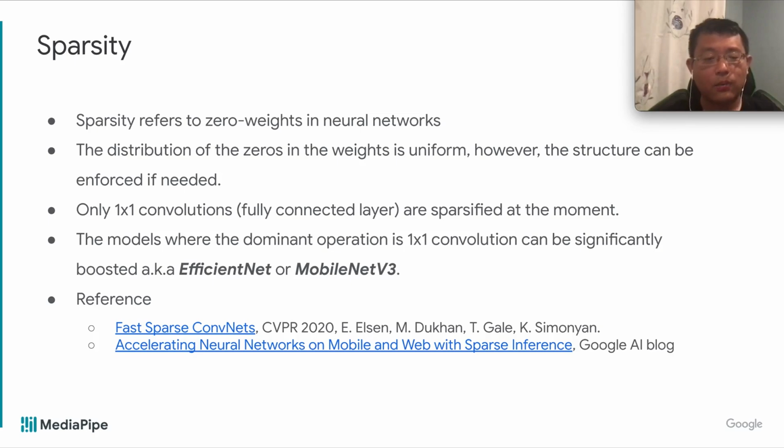Currently, only one-by-one convolutions can be sparsified. The models where the dominant operation is one-by-one convolution can be significantly boosted. Both EfficientNet and MobileNet v3 are good ones for sparsity. For more details, please refer to the reference.